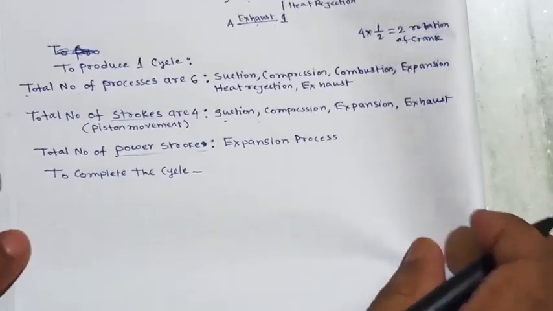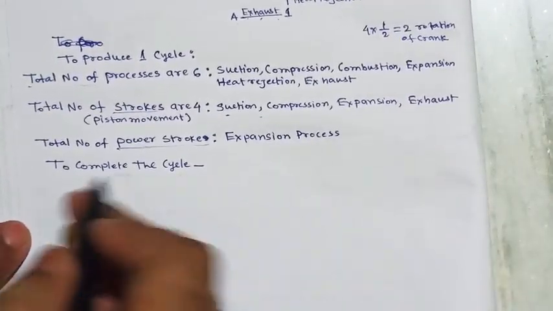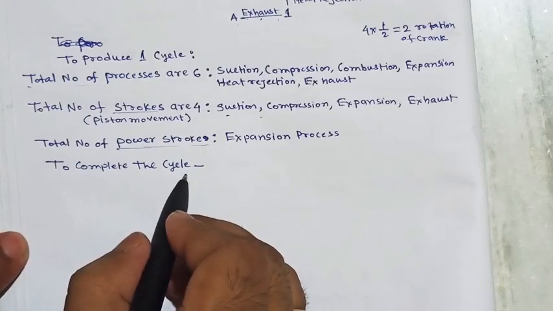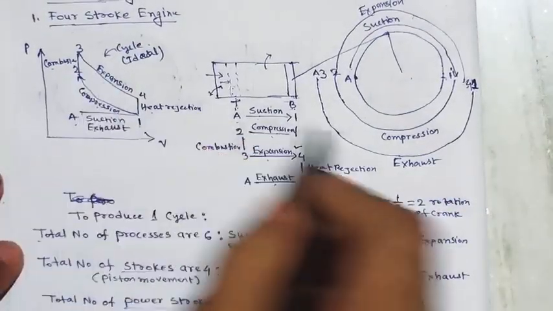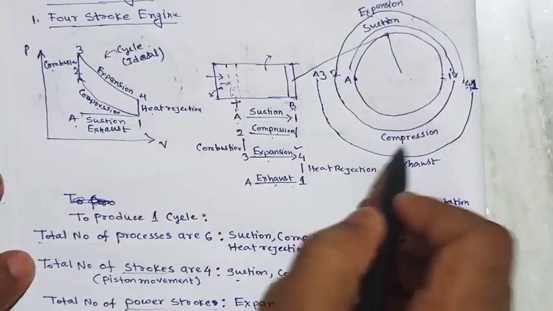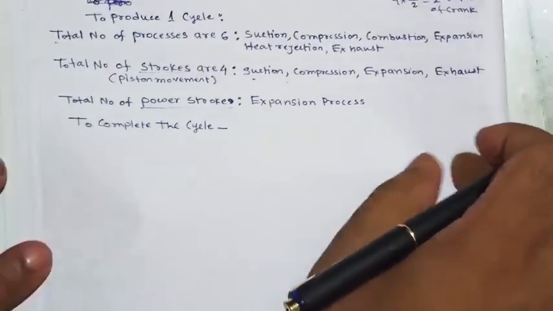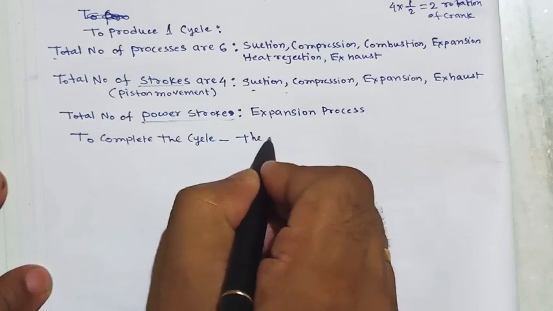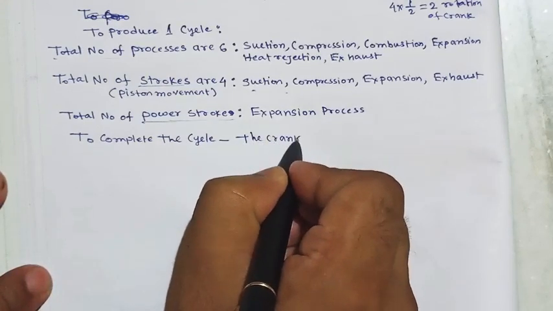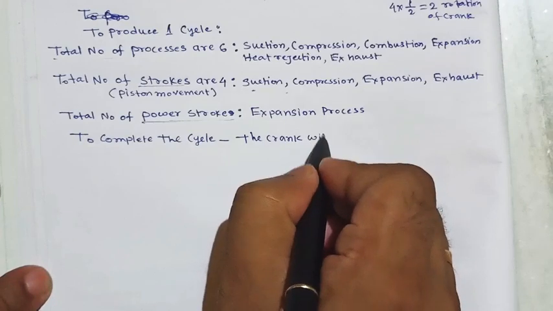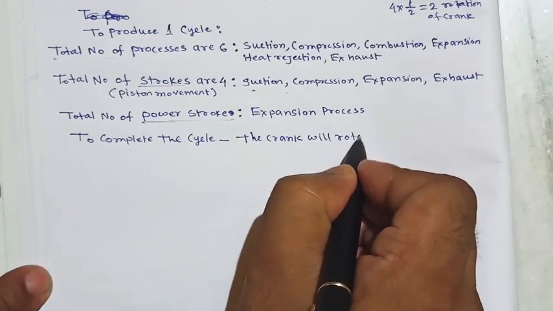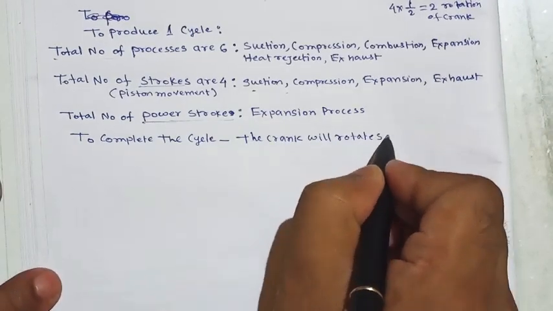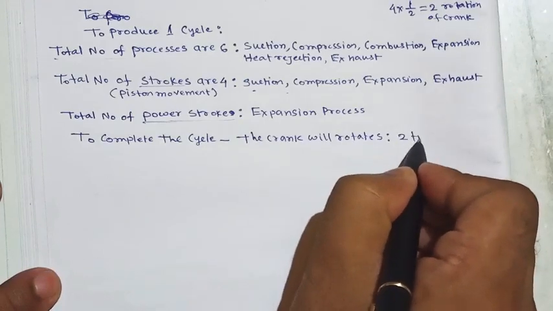Now you can write, to complete the cycle, to produce this cycle, the crank will rotate 2 times.